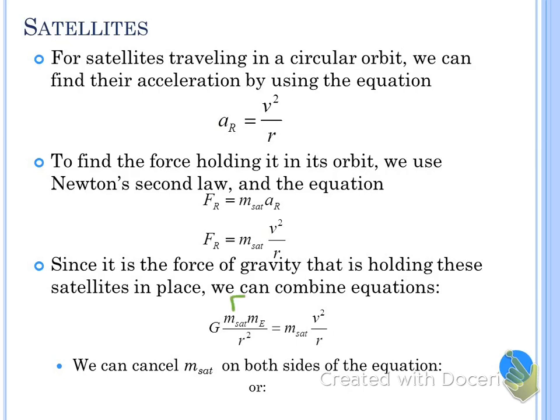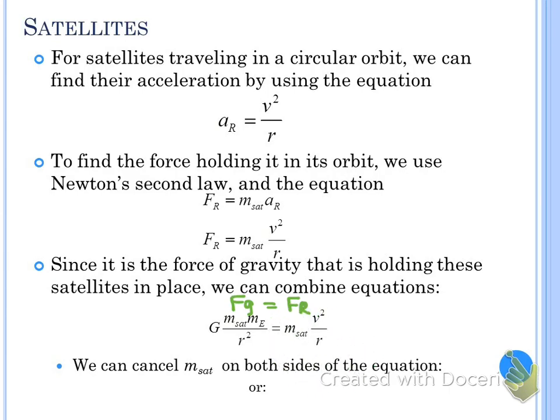by saying that F sub g is equal to F sub r, right? Our centripetal force is equal to our gravitational force, because that's what's holding that satellite in place. So all we did here is take F sub g and set it equal to F sub r, or our centripetal force, and we used our universal law of gravitation equation and our centripetal force equation.